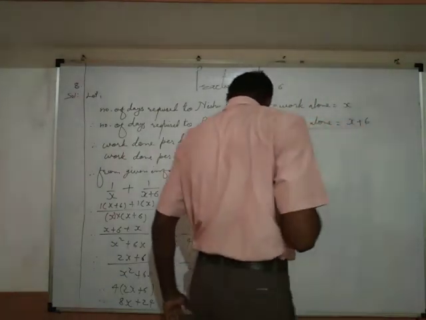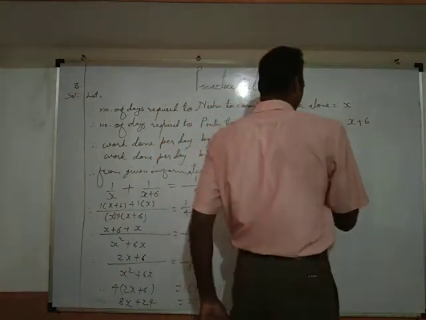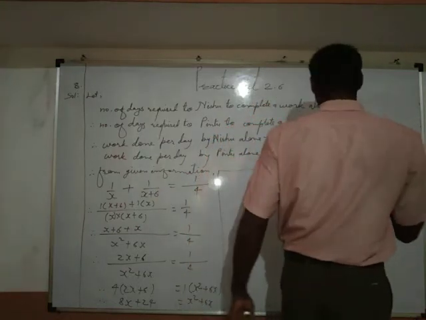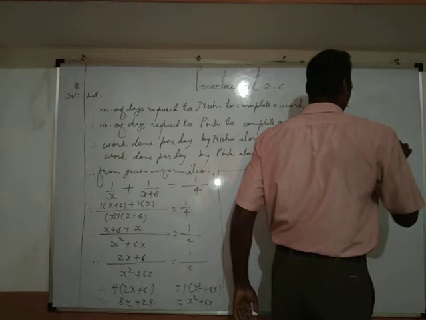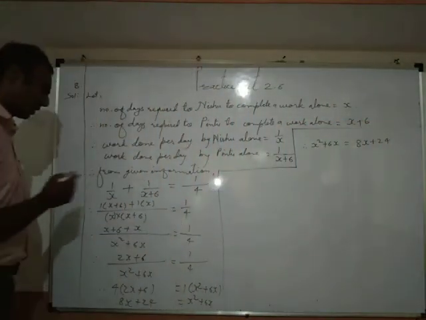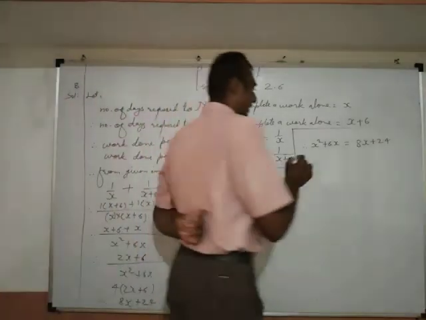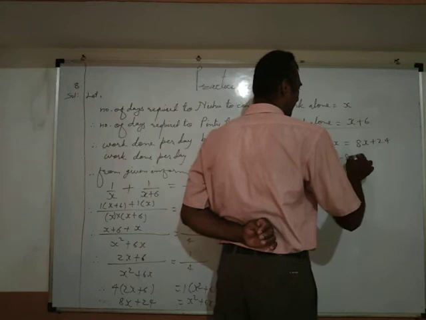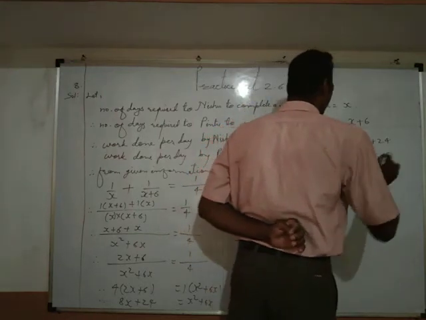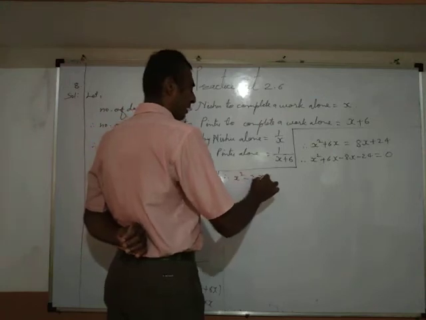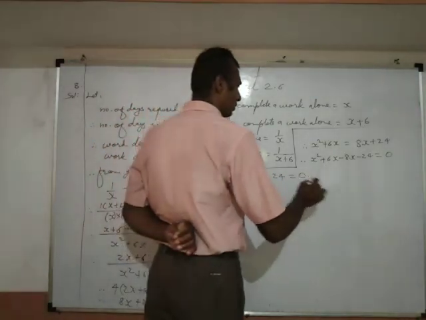Therefore equation will be like this: x square plus 6x equals 8x plus 24. Let's transfer those terms which are at right side towards LHS, and then we get x square plus 6x minus 8x minus 24 equal to 0, and therefore equation will be x square minus 2x minus 24 equal to 0.